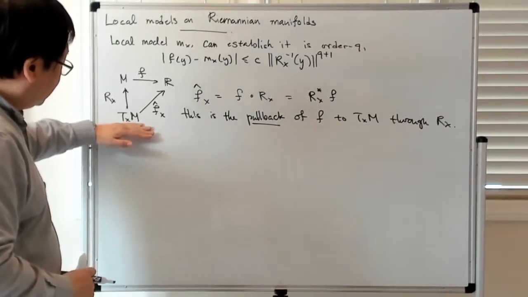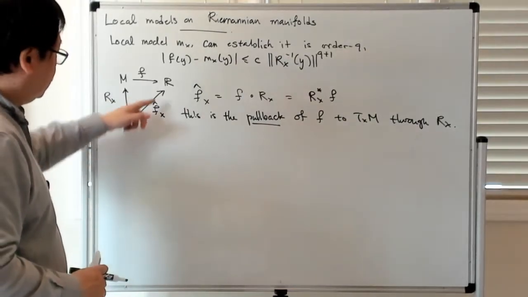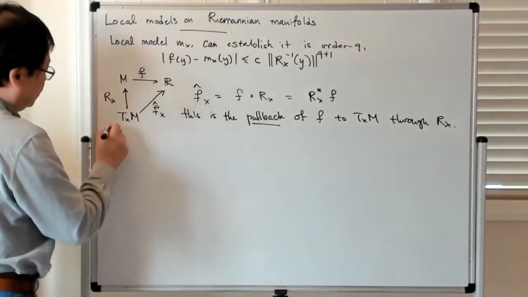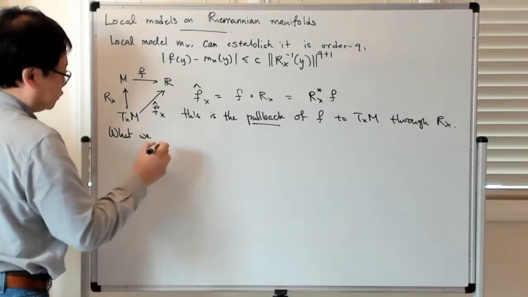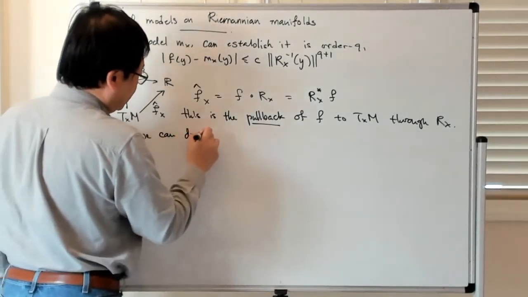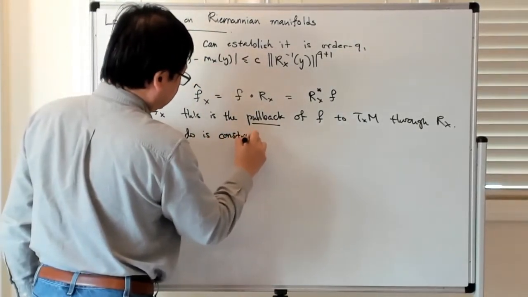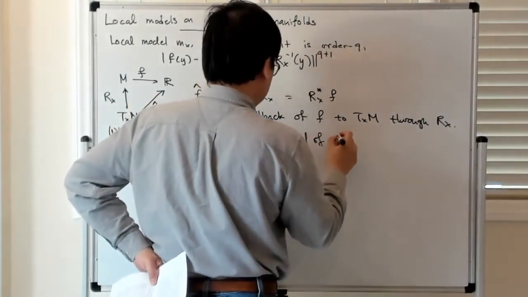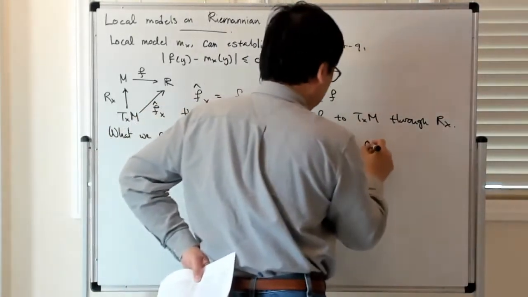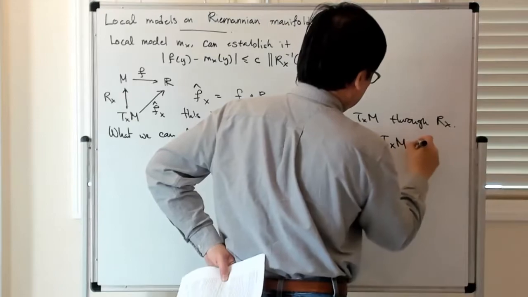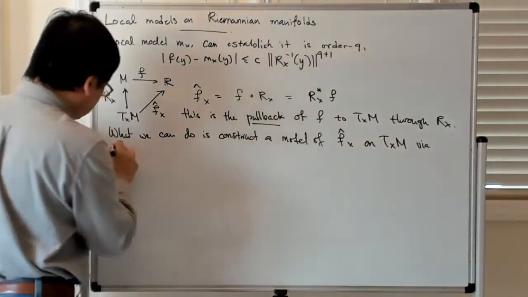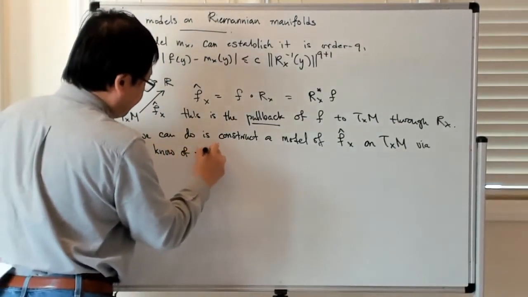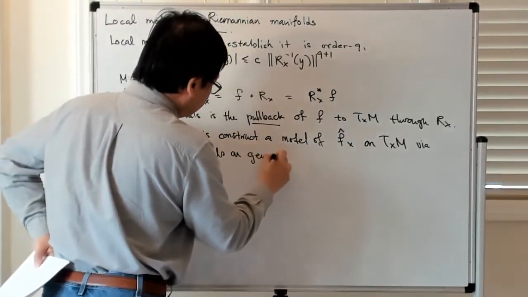So we can construct a model on T_xM of f hat of x, via what we know of models on general Euclidean spaces.